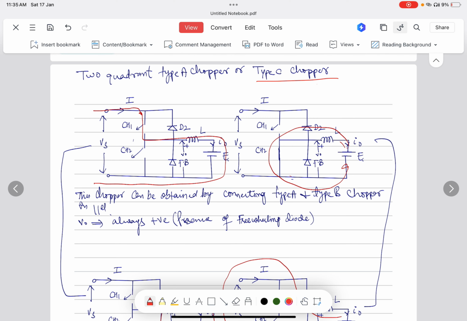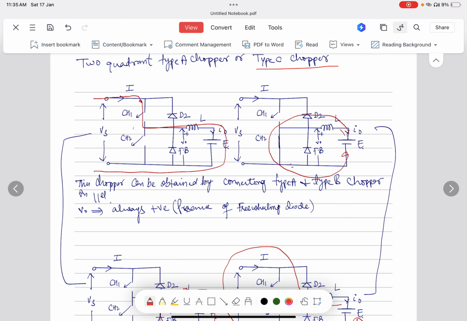Also one diode D2 is available here, and also a freewheeling diode with the inductor and the battery E. So what happened here, when the chopper CH1 is on, the current starts flowing through this path towards the inductor, then passes through this and comes back to minus Vs. So the inductor is charged with the polarity plus minus. So there is a drop and the inductor is charged at that particular point of time.